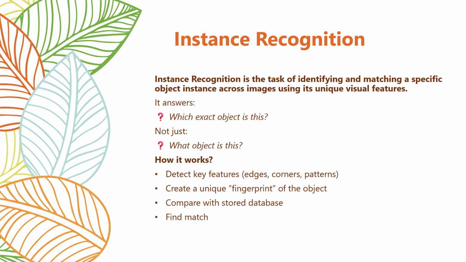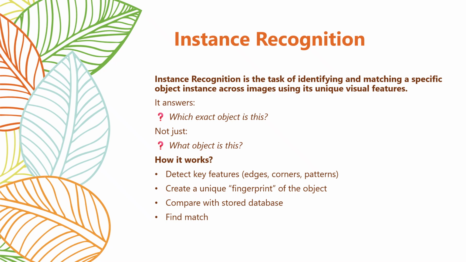The final recognition task is instance recognition, which is more advanced than both image classification and object detection. Instead of simply recognizing an object category, instance recognition identifies the exact object. As I told, we have already seen examples. Let us take the same example again.